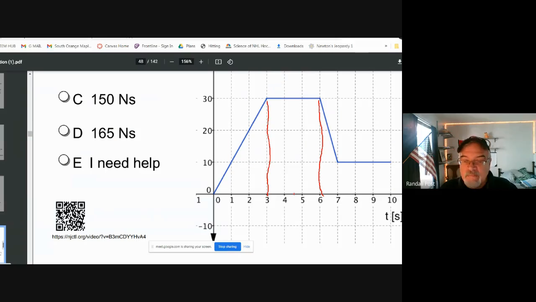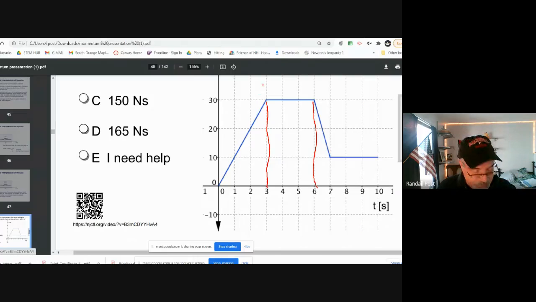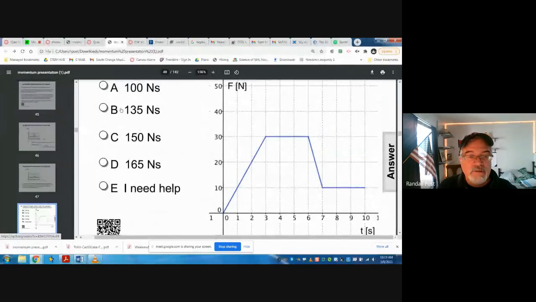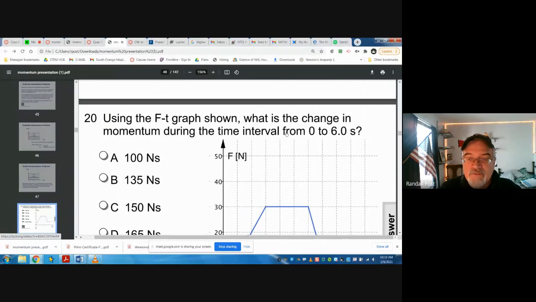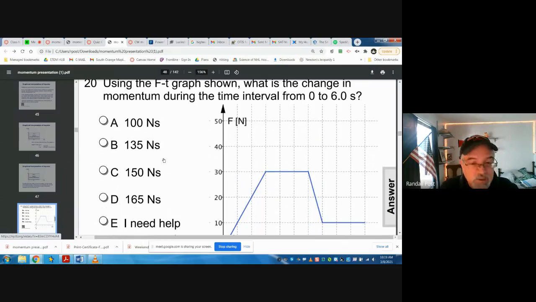Up to 6 seconds, you've got 1/2 of 3 times 30, which is 1.5 times 30, that's 45, right? Plus 3 times 30, that's 90. So 90 and 45 is 135. So answer B would be the time interval from 0 to 6 seconds. You'd use the area method to do it that way. Easy, right?